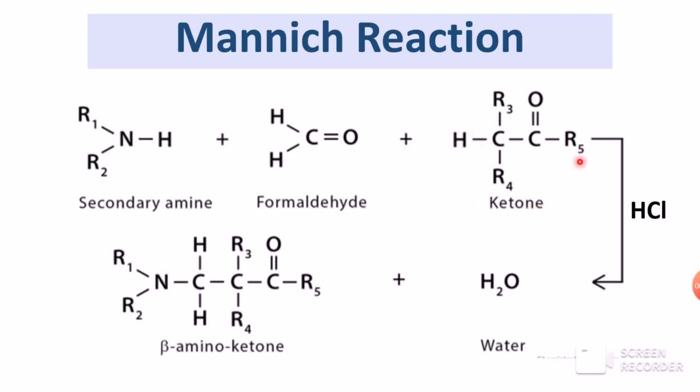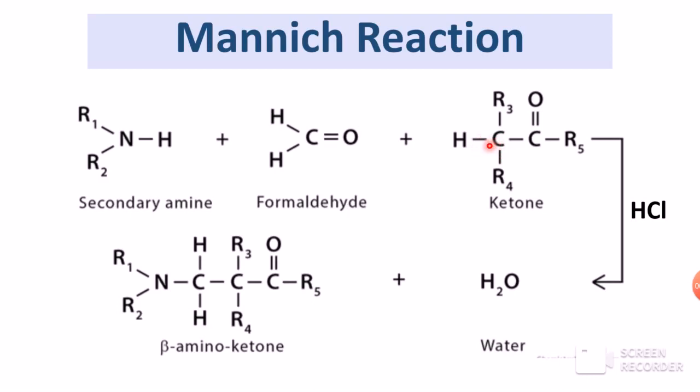So this ketone has an alpha hydrogen atom, and the Mannich reaction is amino alkylation of the ketone at the carbon atom next to the carbonyl carbon, meaning amino alkylation of the ketone takes place at this carbon atom.